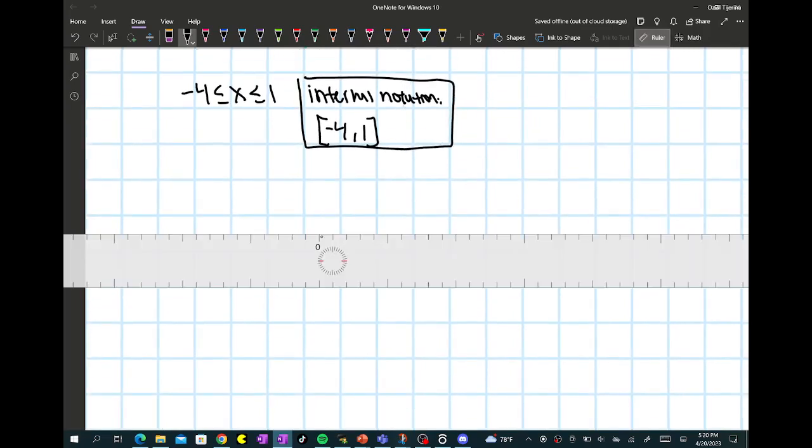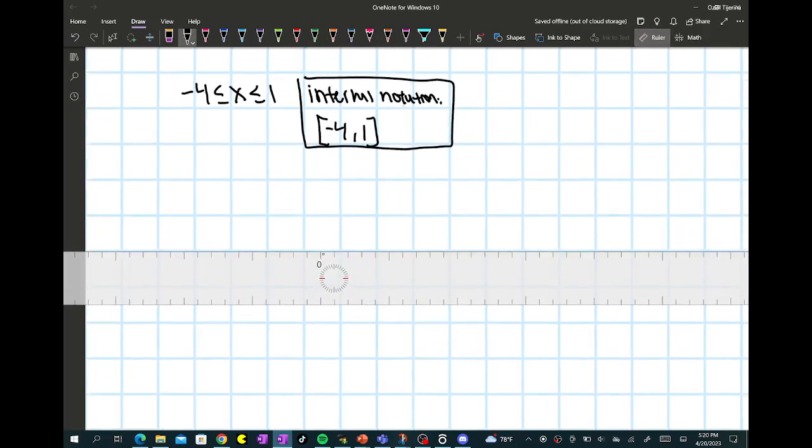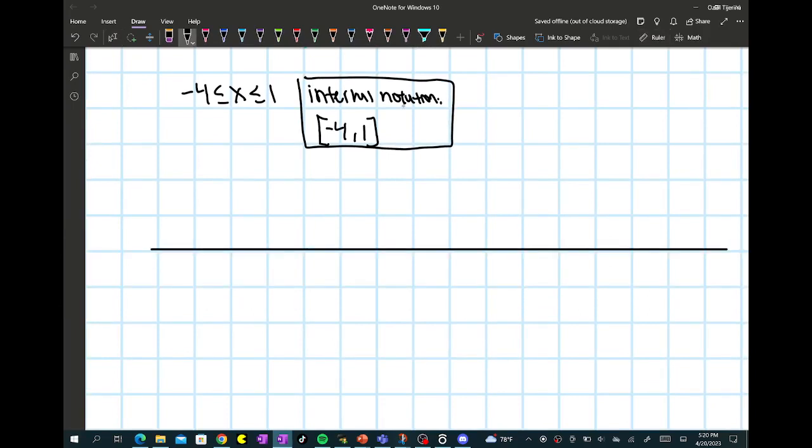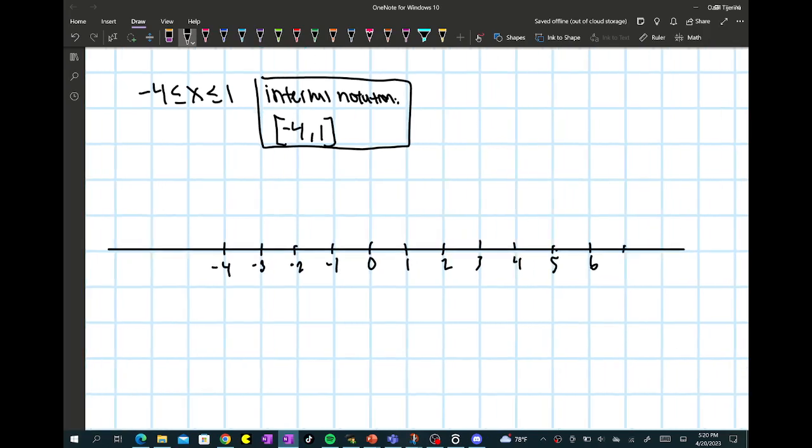And now to graph it, so I'm going to do another line, and we have, let's do, here's -4, -3, -2, -1, 0, 1, 2, 3, 4, 5, 6, etc. So we would start from -4.